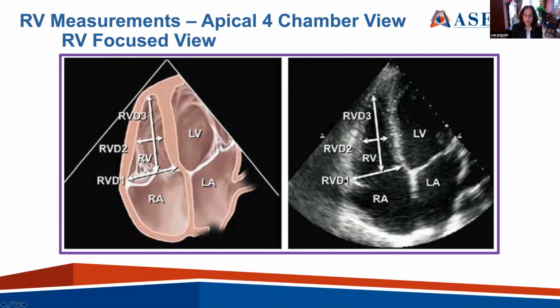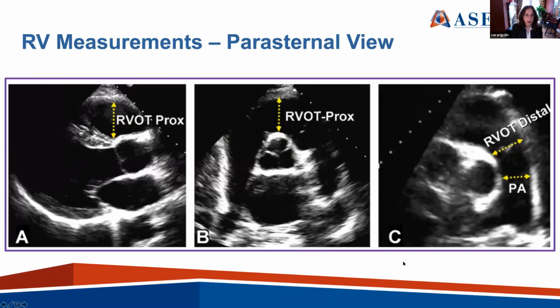Basic measurements we're going to make are the RV diameter right above the tricuspid valve, in the middle of the RV, and then the long axis measurement. Other measurements that we can do to confirm our findings include the parasternal long axis view, where we're looking at the proximal RVOT. Similarly, we can measure the proximal RVOT in the parasternal short axis view.